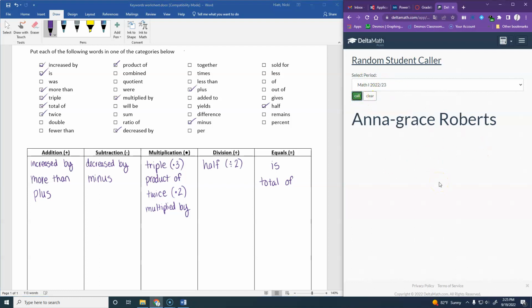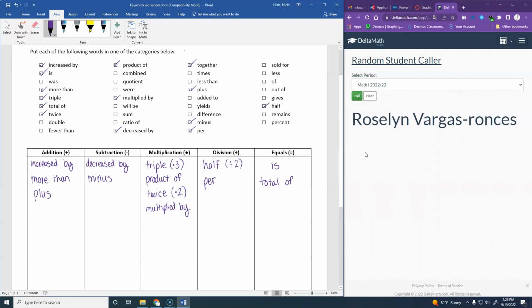All right, Anna Grace? Good. Per is division. All right, Rosalind? Good. Together is addition.